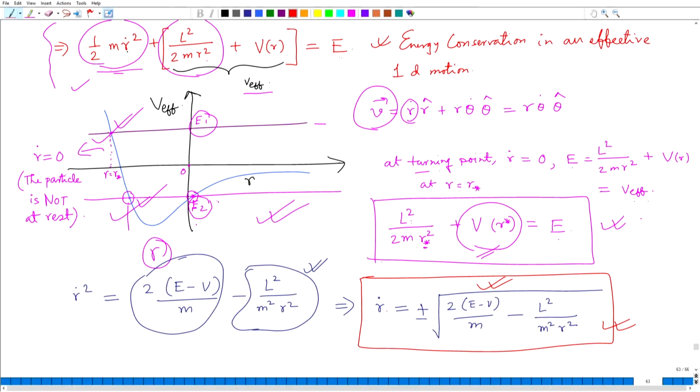So, the most intuitive thing which comes to our mind is that, for example, let us say this r dot starts from some positive value and then the positive value increases.